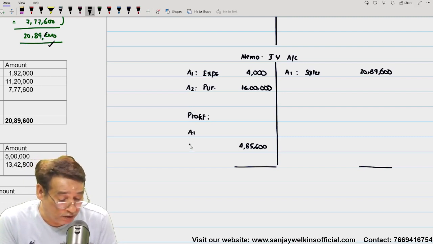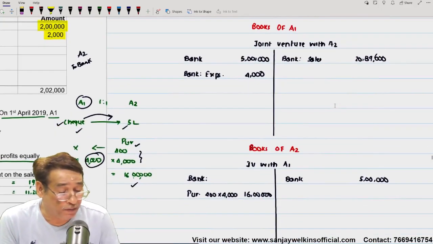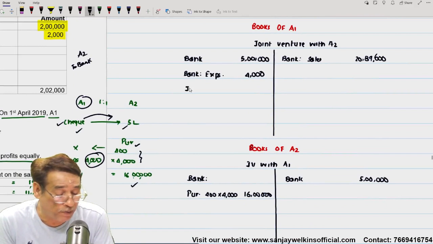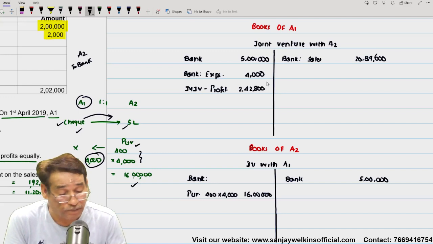A1, A2: 2,42,800 each. Now in the books of A1, you will write here to memorandum joint venture, profit, 2,42,800, plus 4,000, plus 5 lakh, minus 20,89,600.